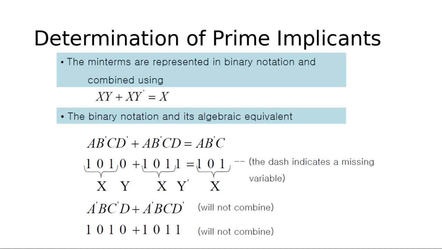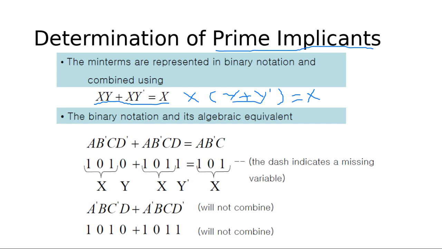Okay, let's see the determination of prime implicants. As I said, prime implicants are important terms. The min terms are represented in binary notation and combined using the rule: you know this one, right? If we have x(y + not y), it means x, right?